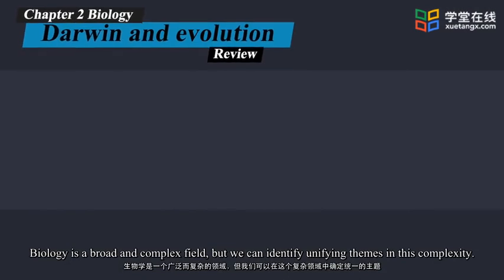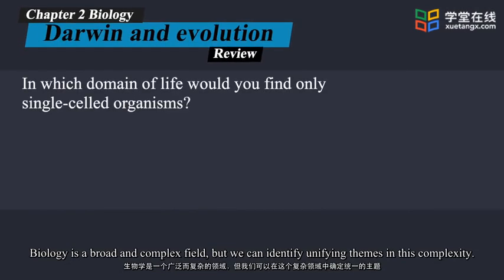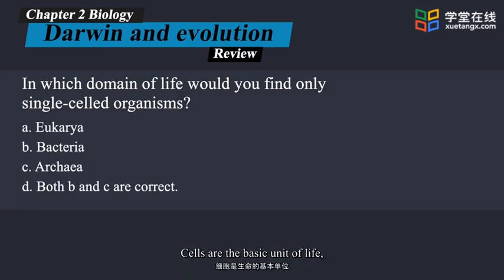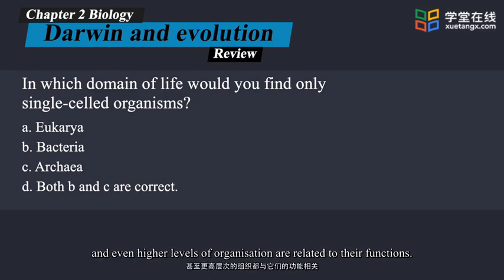Biology is a broad and complex field, but we can identify unifying themes in this complexity. Cells are the basic unit of life, and they are information processing machines. The structures of molecules, macromolecular complexes, cells, and even higher levels of organization are related to their functions.